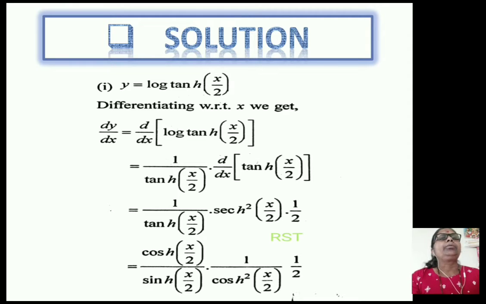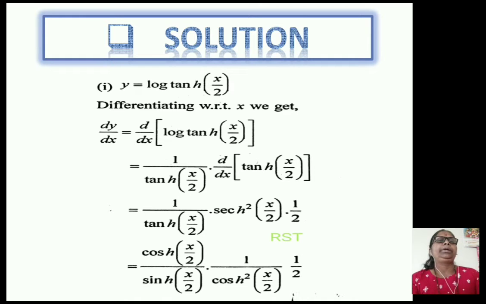Differentiating y with respect to x, we get dy by dx equal to d by dx of y, which is d by dx of log of tanh x by 2. Derivative of log gives 1 upon tanh x by 2 into d by dx of tanh x by 2.